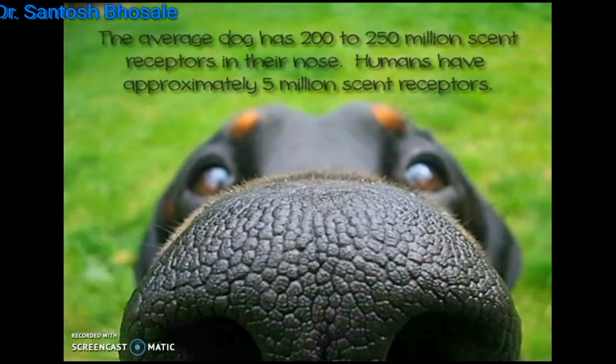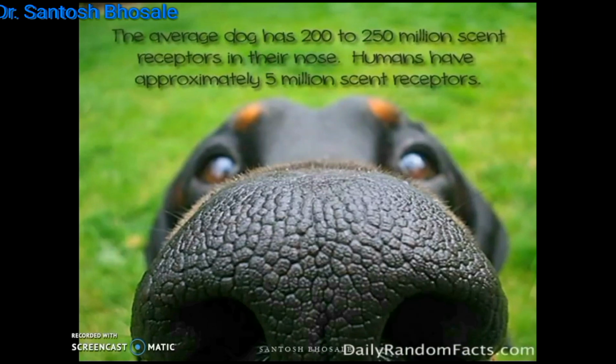You can see the nose is an organ of olfaction, and an average dog has around 200 to 250 million receptors in their nose, and humans have around 5 million scent receptors.